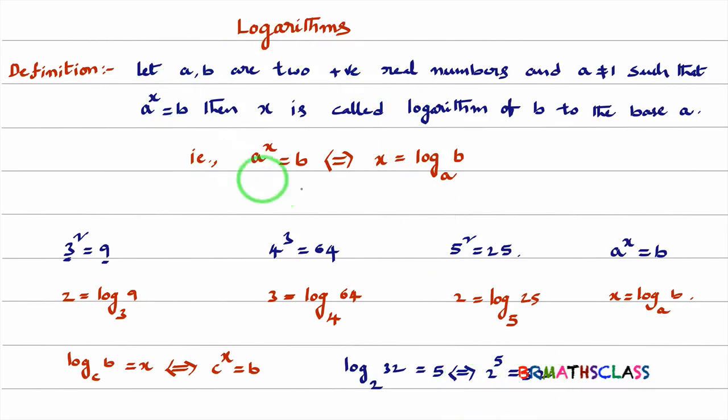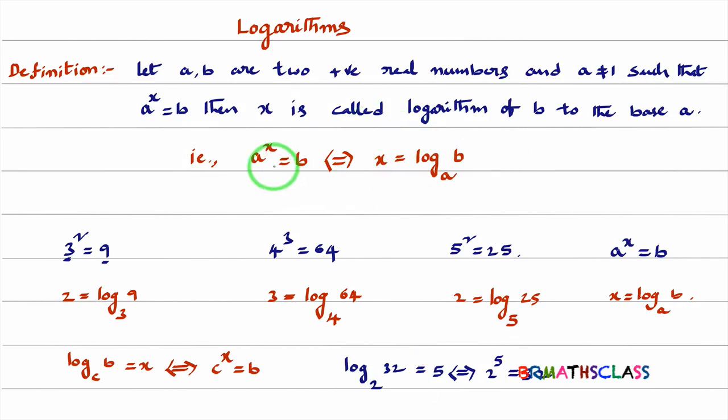This is the definition of logarithm. a and b are two positive real numbers and a is not equal to 1, such that a power x equal to b. Then x is called the logarithm of b to the base a. The full meaning is given in this one line.